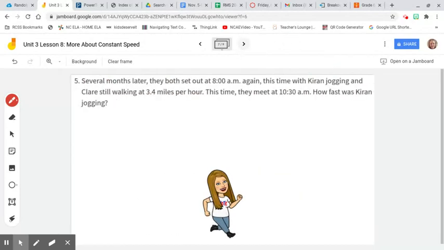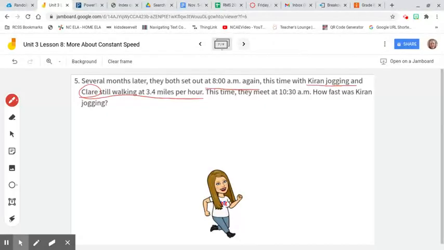Now, the fifth question for this is, several months later, they both set out at 8 o'clock a.m. again, and this time Kieran is jogging and Claire is still walking at 3.4 miles per hour. This time they meet at 10:30.